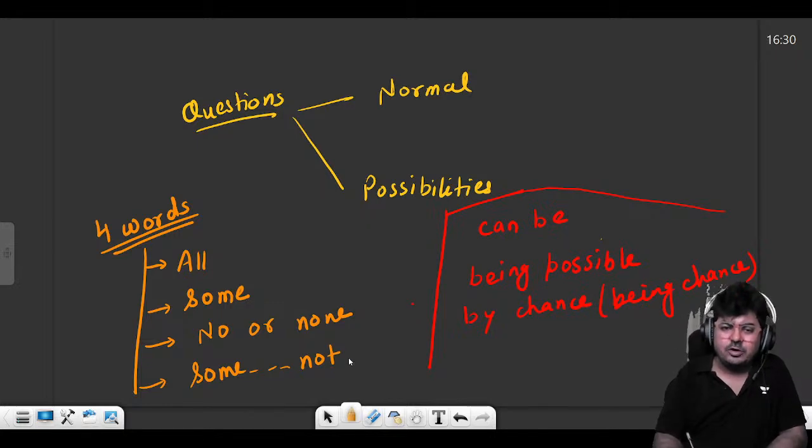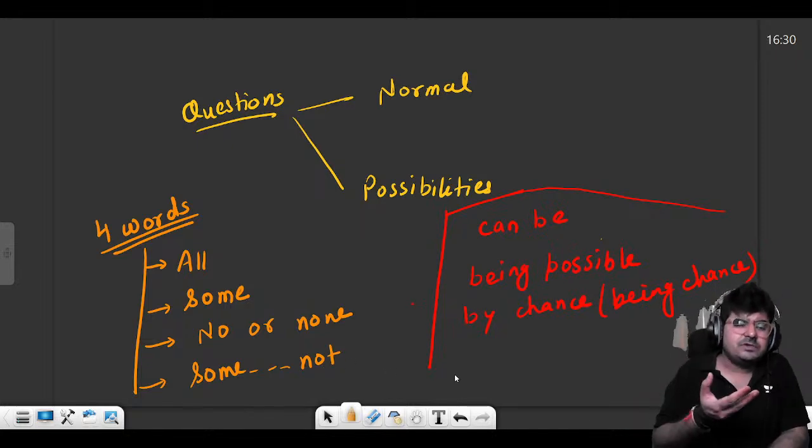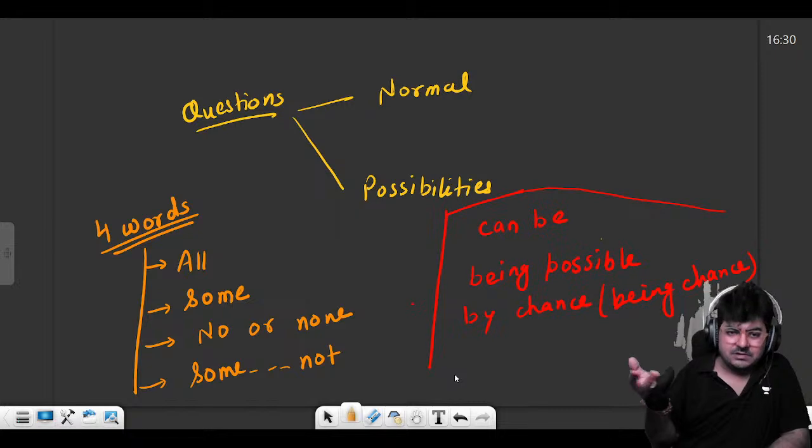Okay, I'm not writing some not directly, I'm saying some, then followed by some words or statements, not. Okay, they can say like some cats are not dogs, like this. So, something like this. So, your focus should be clear on these four words.